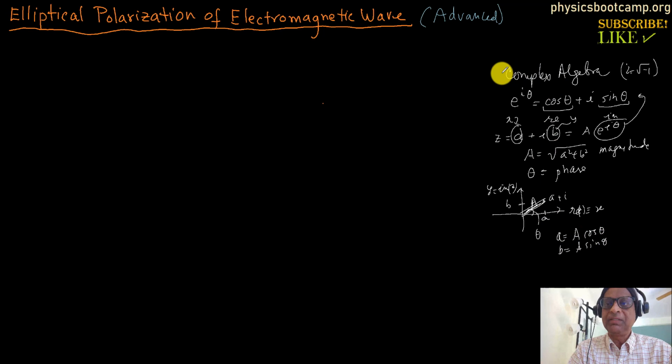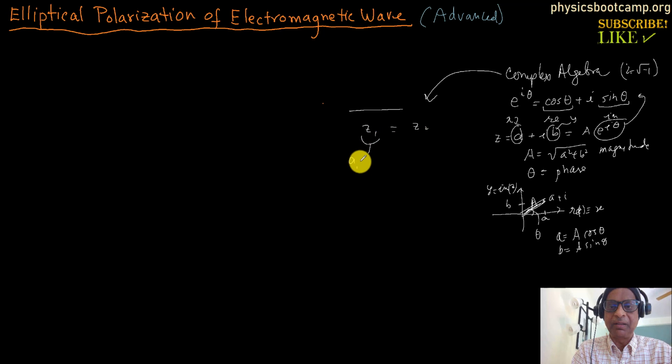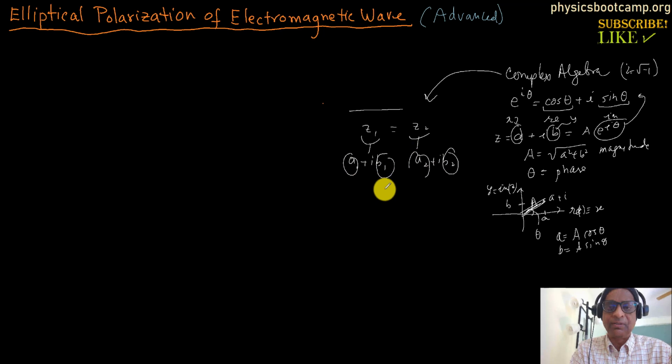So in complex algebra, another thing that happens is if you have some expression, say z1 equal to z2. This one has a real part, a1 plus ib1, this one is say a2 plus ib2, and these a's and b's are real.